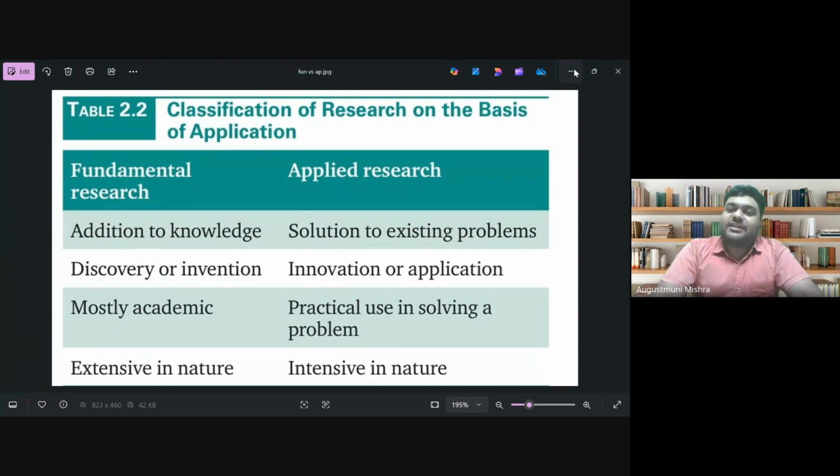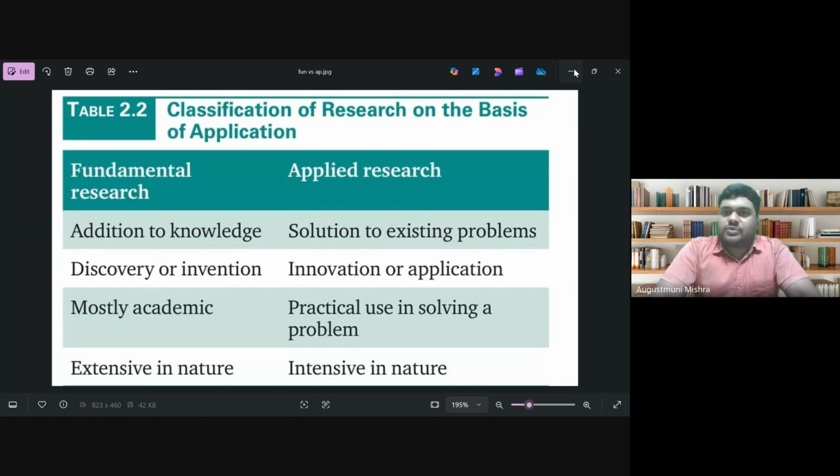Yesterday, when we were talking about basic research, I discussed with you all that whenever you start with things for the purpose of adding to your knowledge, you are performing basic research. For example, in your daily life, before buying any product you do basic research to understand that particular product.